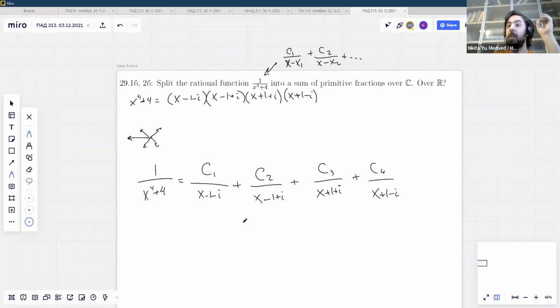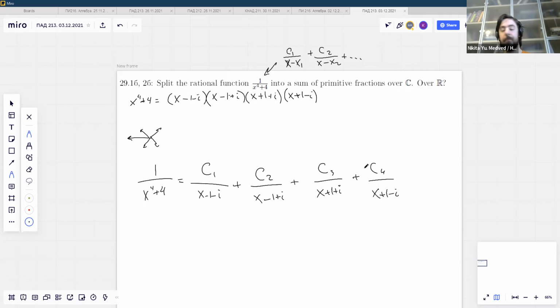So the main theoretic part is to know which exactly things to put into the denominators. And the answer is that you need to find the roots of the original polynomial and split it into the corresponding brackets. And then they are in the denominators. Then what remains is to find four numbers, C1, C2, C3, C4.